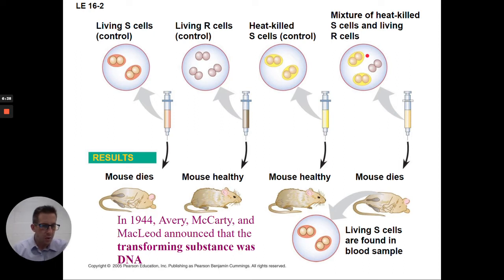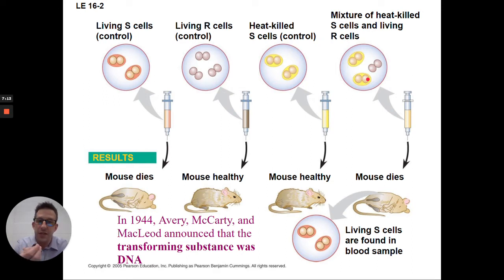Okay? What had actually occurred is that these heat-killed S cells still had pathogenic DNA inside of them. That pathogenic DNA was transferred into the harmless cells and transformed them, changed them into something that was now pathogenic and able to kill a mouse. These cells, when they're heat-killed, because they're dead cells, don't cause disease.